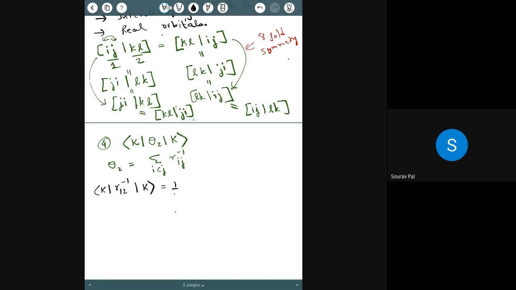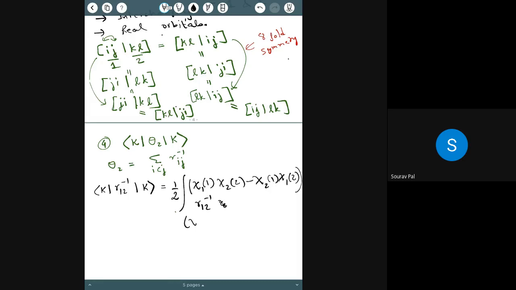This is equal to half, which comes from the 2 normalization factors. And then you have integration. I have to write this once more, unfortunately. So this is chi1 1, chi2 2 minus chi2 1, chi1 2. Okay. R12 inverse.